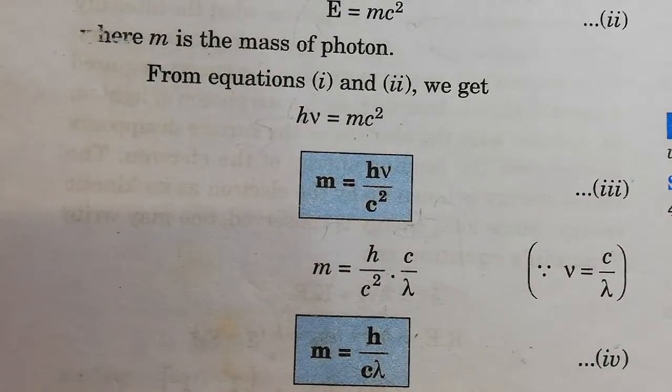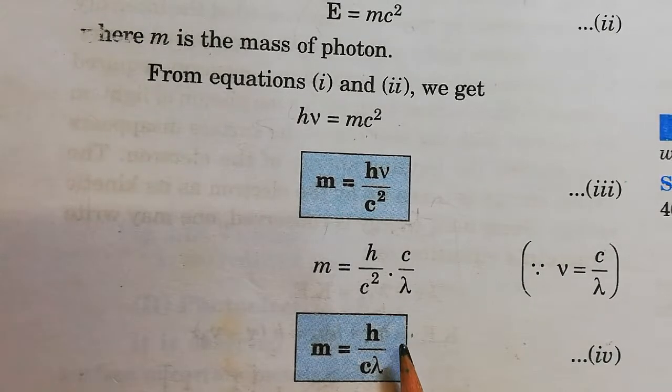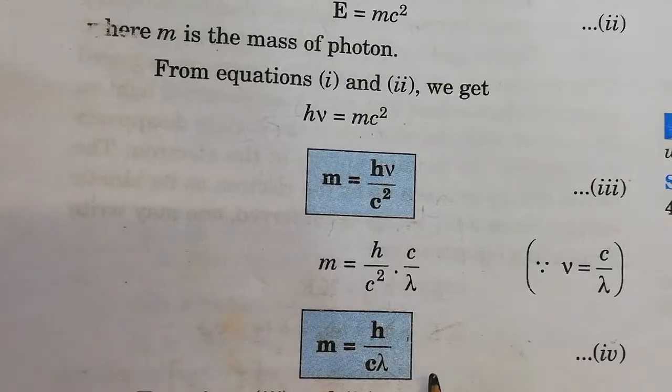That is the equation which shows the dual nature of electromagnetic radiations. And from that equation, we can have one or two numericals. Let's look here.